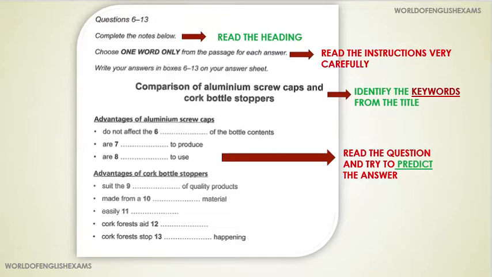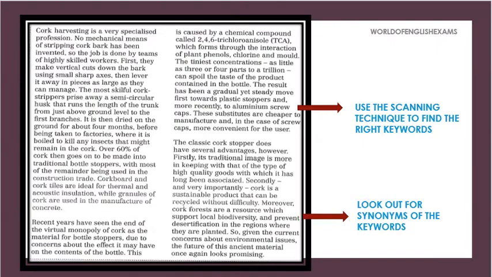Fine. Now, let's read the paragraph which is next to this. R dash to produce. Okay, these substitutes are cheaper to manufacture. These substitutes, which means aluminium screw caps, which are the substitute for cork bottle stoppers, are cheaper to manufacture.